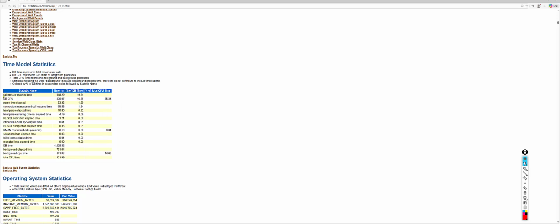So most of the time you may get SQL execute elapsed time, because in every database there will be SQL. Then DB CPU. So DB CPU obviously should be high. Okay, if DB CPU is not utilized, then your database is wasting CPU, right? Database should use CPU, but it should not be excessive.